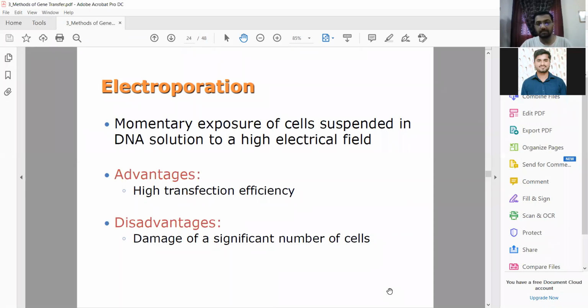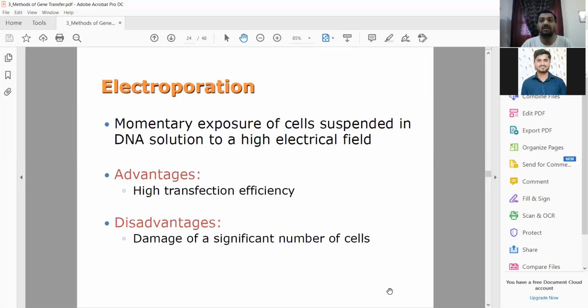We put the cells along with the DNA to be transferred in that solution, and we give a high voltage current in small impulses, 2 impulses, 3 impulses. What happens with this impulse is that it creates pores in the cell membrane, and when the pores are created, these assist the DNA to enter into the cell.